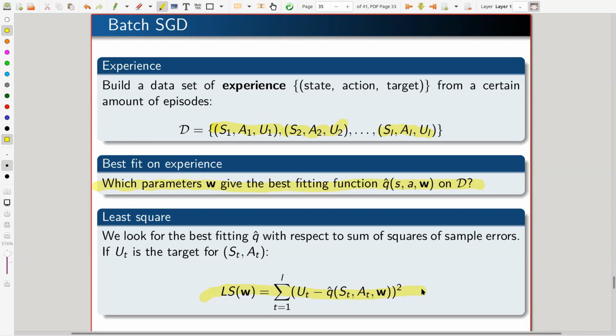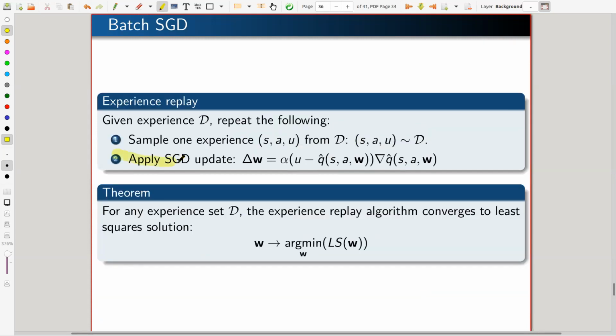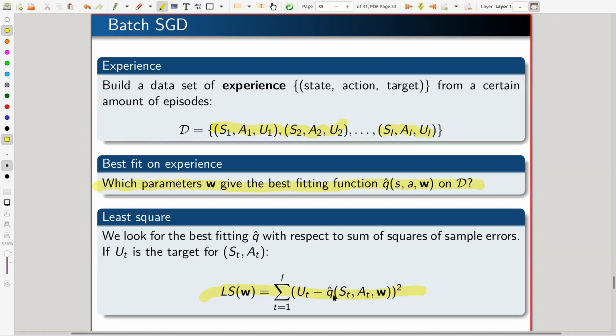Well, in order to minimize this objective, you just do the standard stochastic gradient descent update as usual. And you are just changing, you see, the way you sample experience. Now you are sampling experience from this finite set D. Of course, when I say this, I mean you are sampling uniformly, and this means that you are minimizing this objective function. You can see here you have no weights.